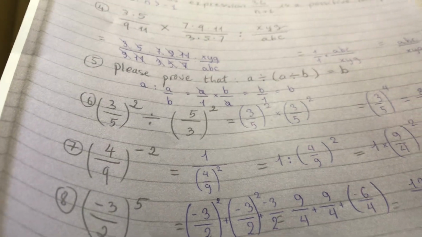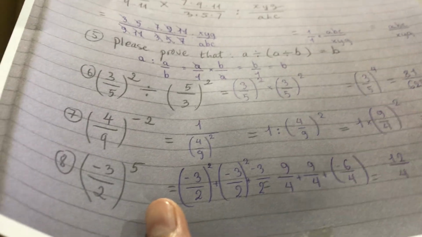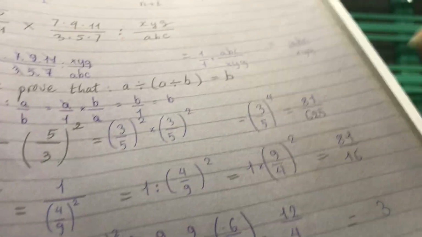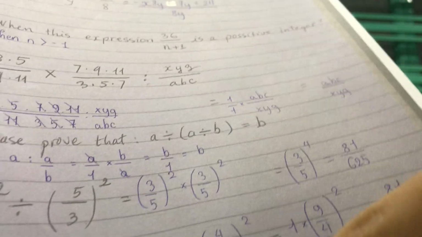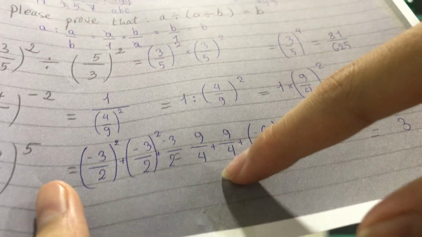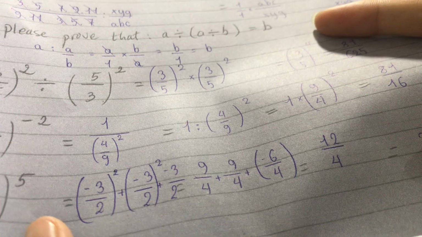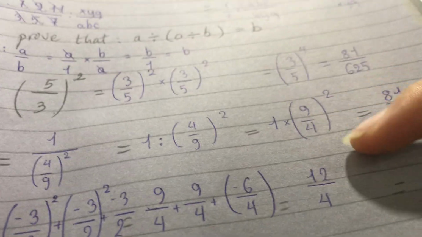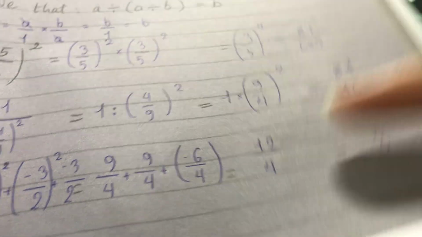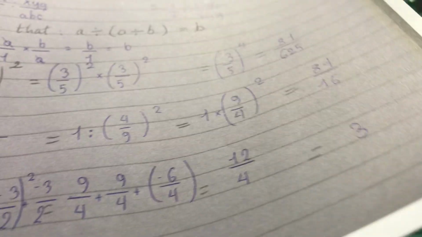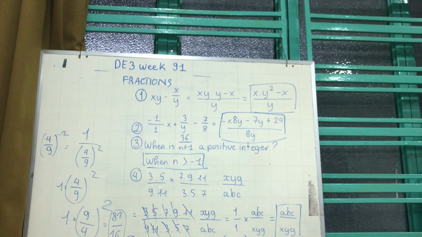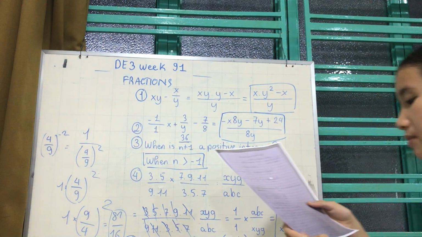So that is the equivalent to negative 3 over 2 to the power of 5. And then I simplified it to 9 fourths plus 9 fourths plus negative 6 over 4. And that will leave me with 12 over 4, which will equal 3. And that is my answer for problem number 8.